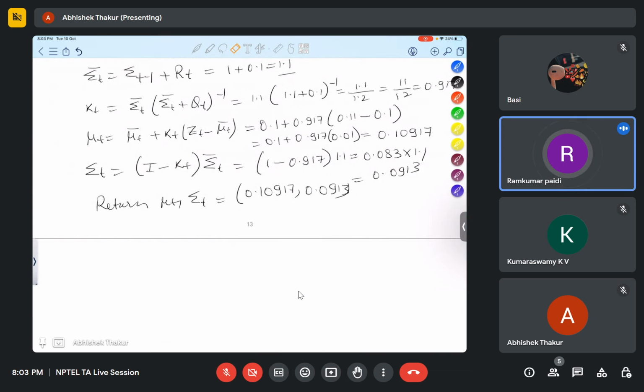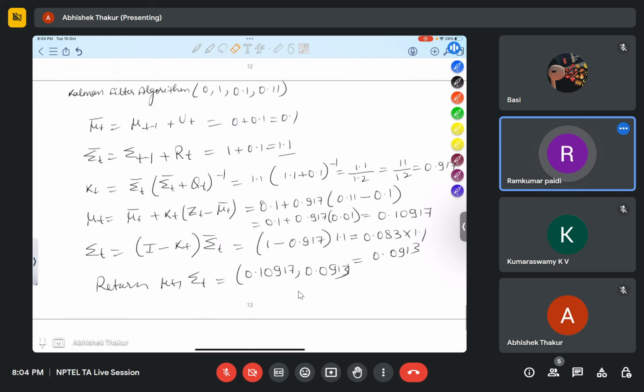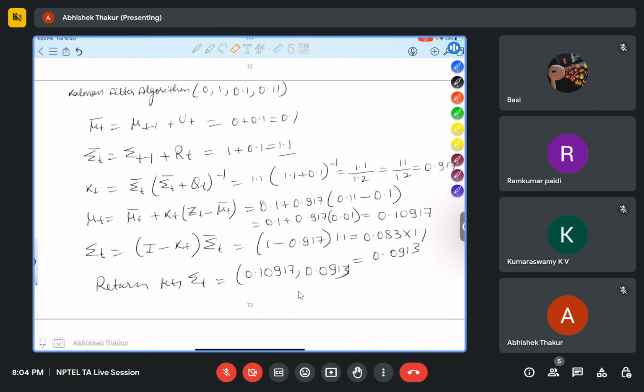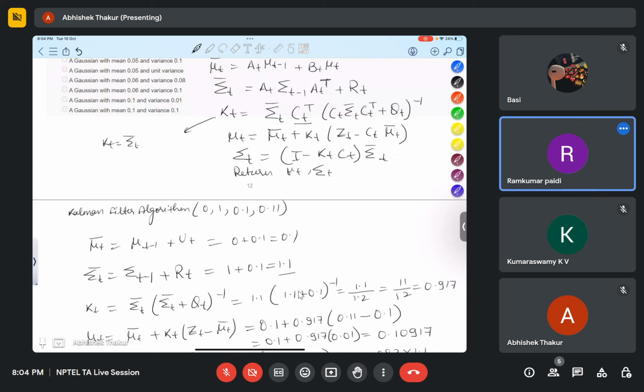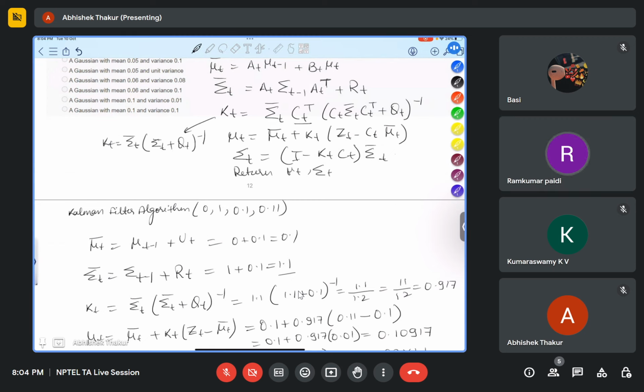Sir, can we see the calculation? So KT we have calculated. See, the formula for KT was here: sigma T covariance T bar into CT transpose. So CT is 1 here, so this term is reduced. So KT is equal to CT is 1, CT transpose will also be 1, plus QT inverse.